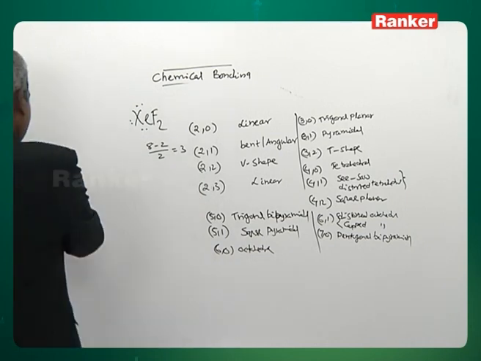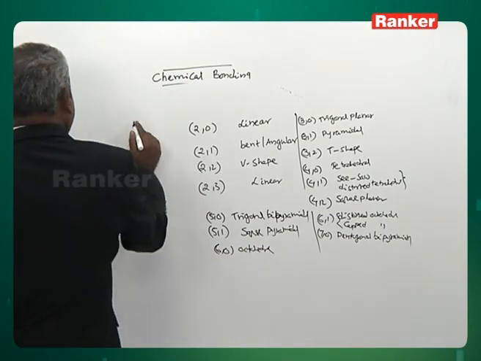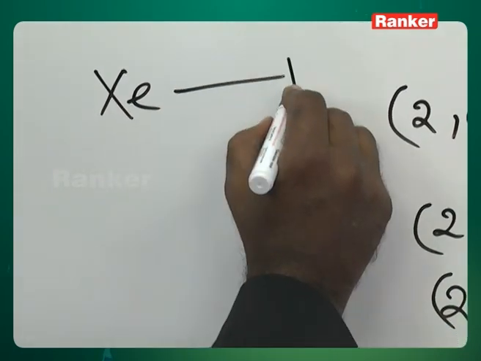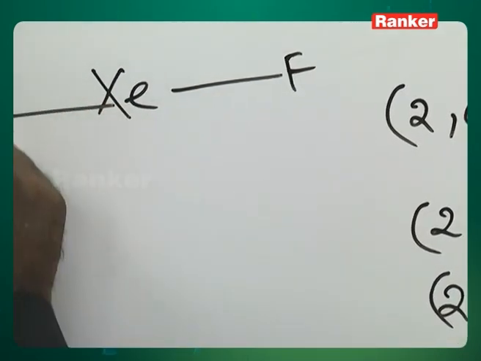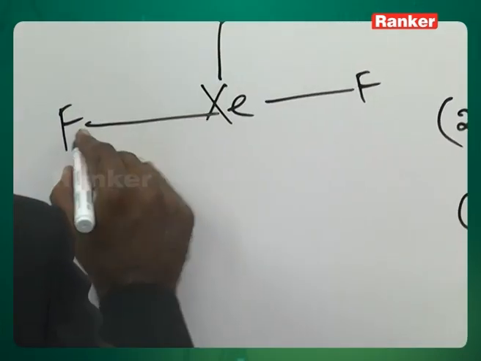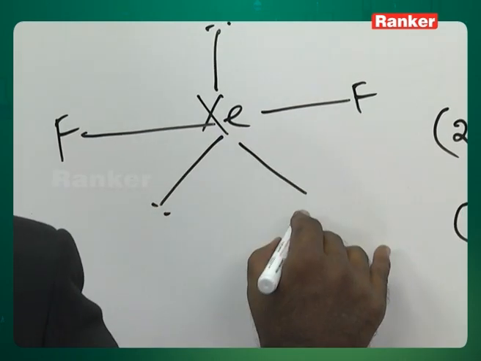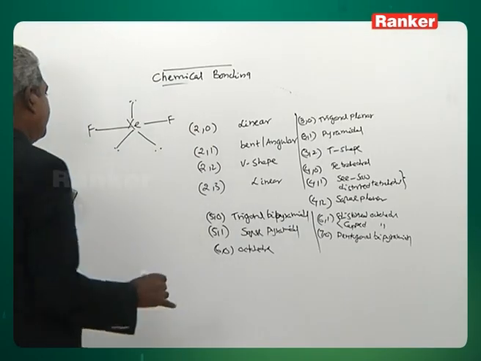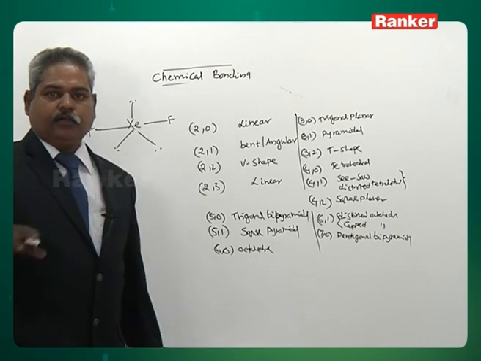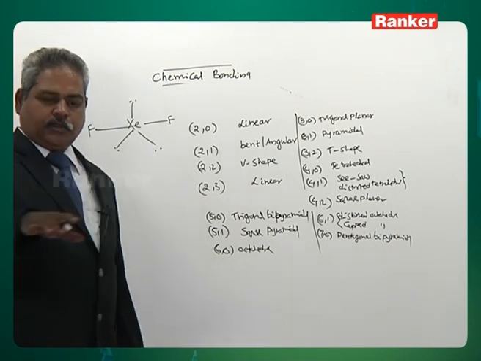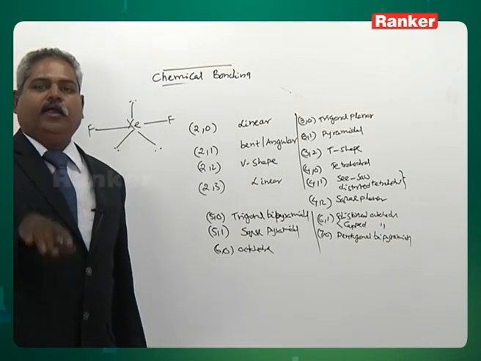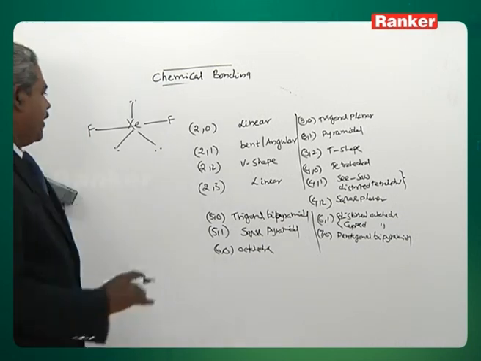Linear. Despite the presence of lone pairs, it acquires a linear shape because the lone pairs cannot be avoided. There are too many lone pairs, even if the atoms try. They will be taking a linear shape, and the lone pairs are in the equatorial position. The lone pairs are in one plane, and bond pairs are above and below the plane.